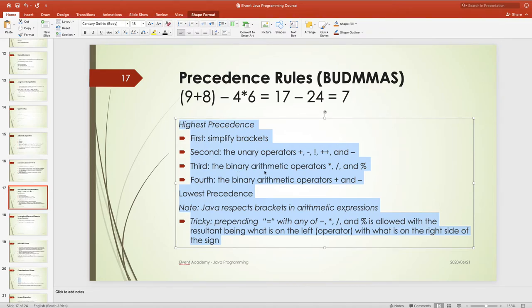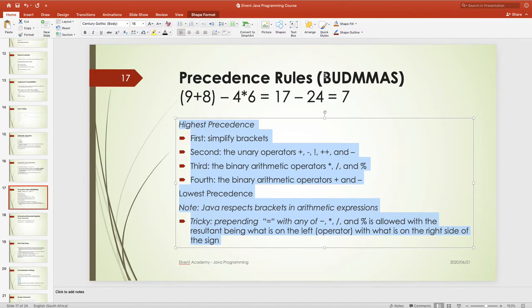Then third, solve your binary operators. This example did not involve unary operators, by the way. Fourth, the binary arithmetic operators plus and negative. So multiplication and division and modulus comes first before negative and positive. Like we did here, we started by multiplying before we could subtract.